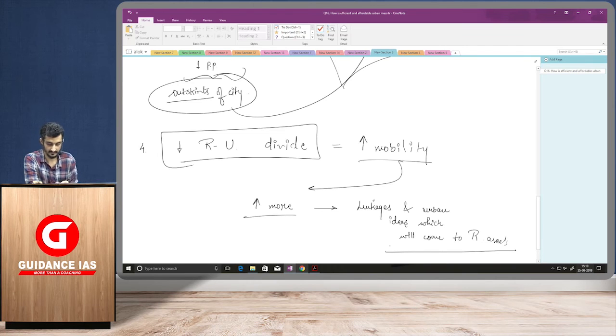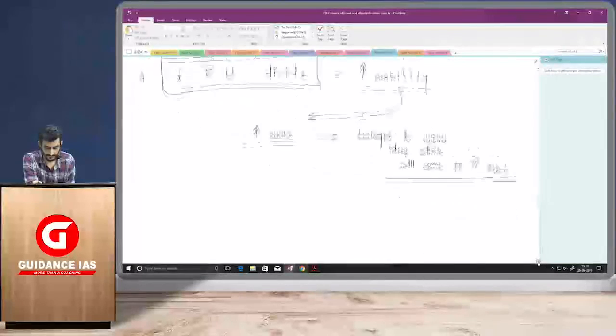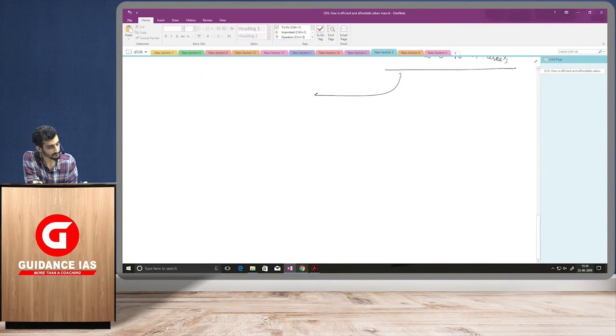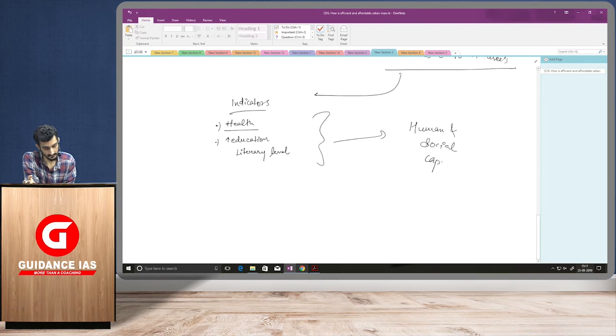So this is what happens, as a result of which it will improve several indicators, like health due to faster transportation of patients and other health services, then it will increase education indicators and literacy levels, and therefore it will lead to formation of good human and social capital.